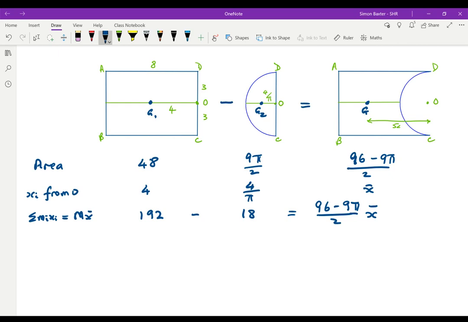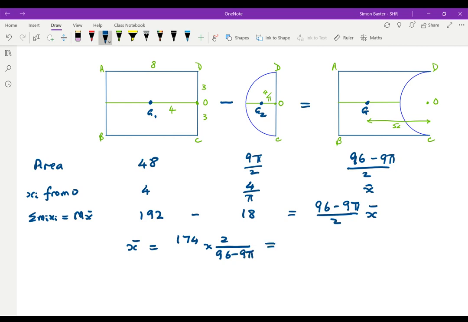192 minus 18 is 174. So x bar is going to be 174 times 2 over 96 minus 9 pi.